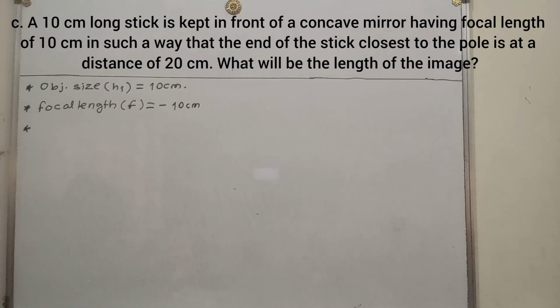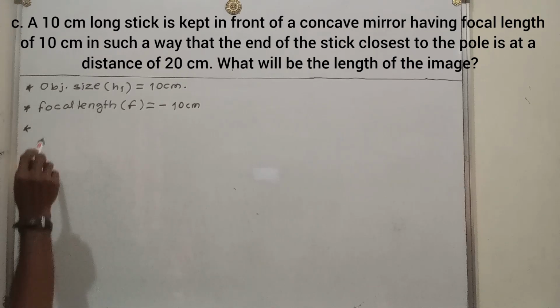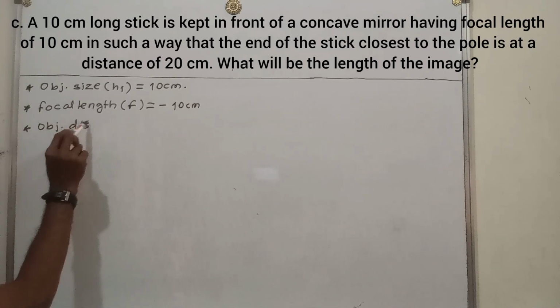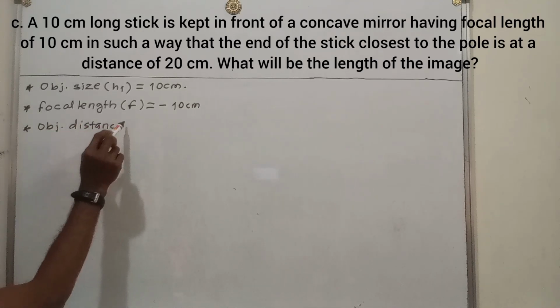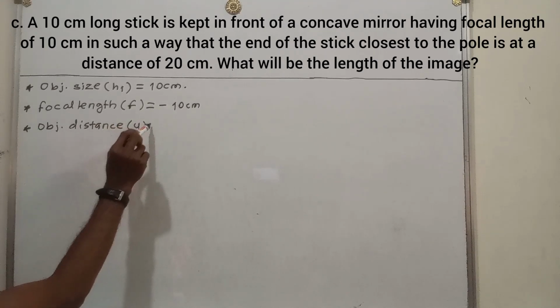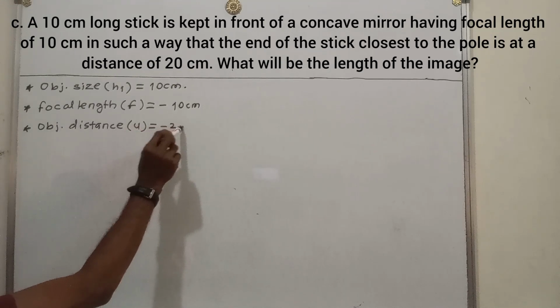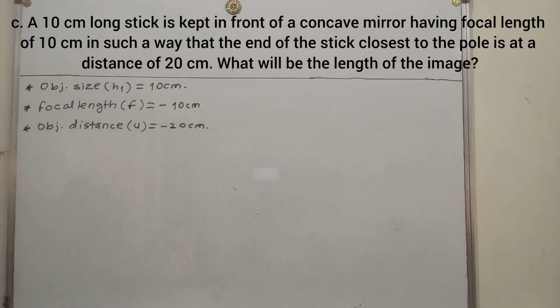Then next, it is kept in such a way that the end of the stick, means object, closest to the pole is at a distance of, means object distance. Object distance means U. What is it? Minus 20 centimeter. What will be the length of the image?